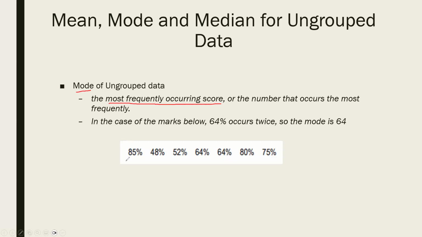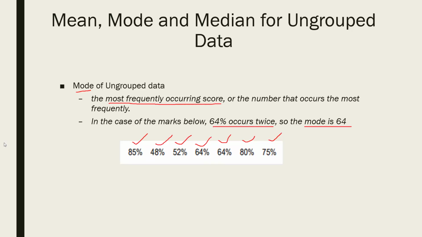So when you are given this type of data, 85, 48, 52, 64, 64, 80, and 75, the mode is the number that's repeated the most number of times. In this case, you see that 64 is repeated twice. So the mode is 64.